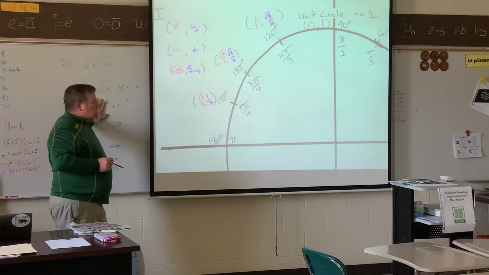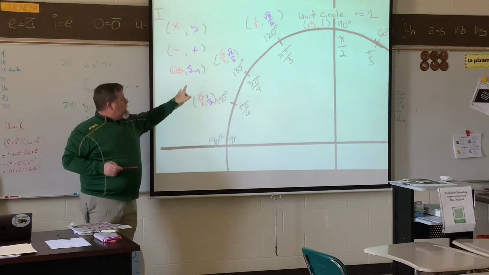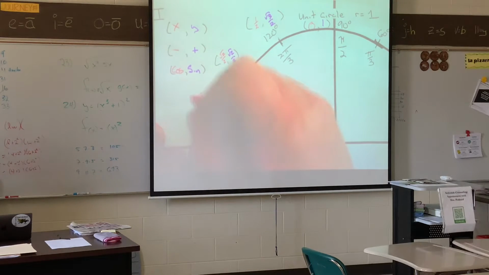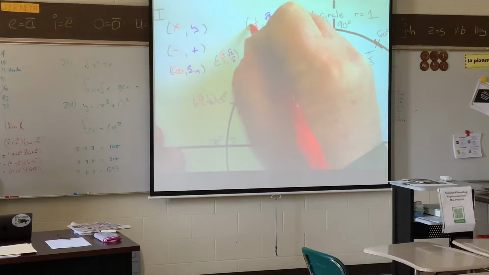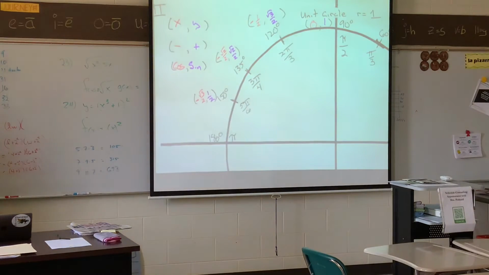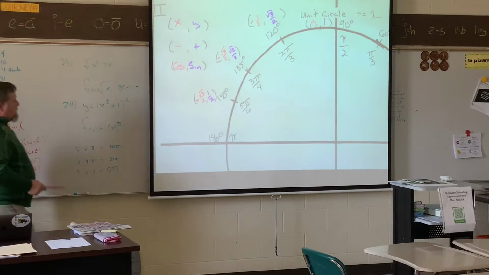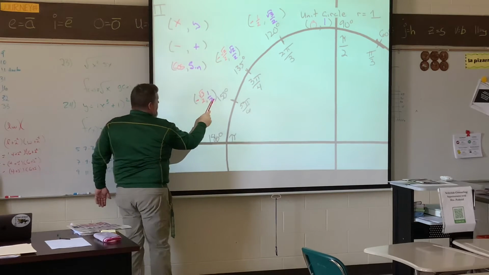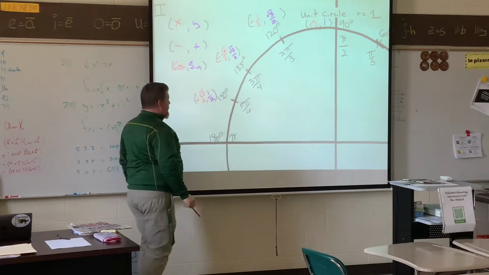X. So that means the pattern is similar, but if cosine, or x, is negative here, those numbers actually become negatives because it's in the second quadrant. Red's negative, purple's positive, negative, positive, negative, positive. Carrying it all the way through for you guys.